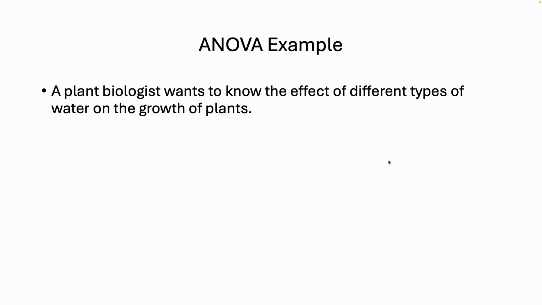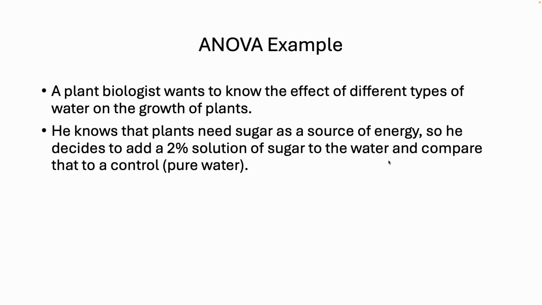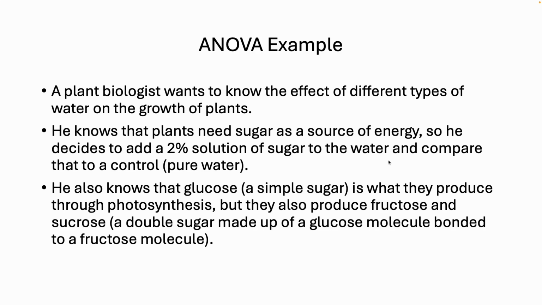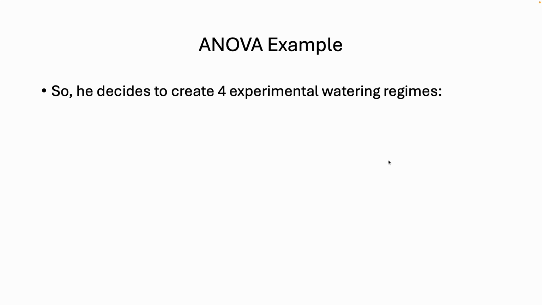A plant biologist wants to know the effect of different types of water on the growth of plants. He knows that plants need sugar as a source of energy, so he decides to add a 2% solution of sugar to the water and compare that to control, that is pure water. He also knows that glucose, a simple sugar, is what they produce through photosynthesis, but they also produce fructose and sucrose, and so he wants to test a variety of different sugars, and so he decides to create 4 experimental watering regimes.